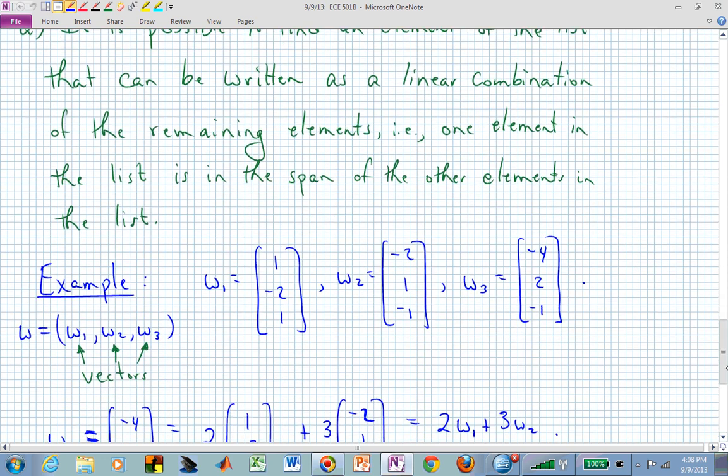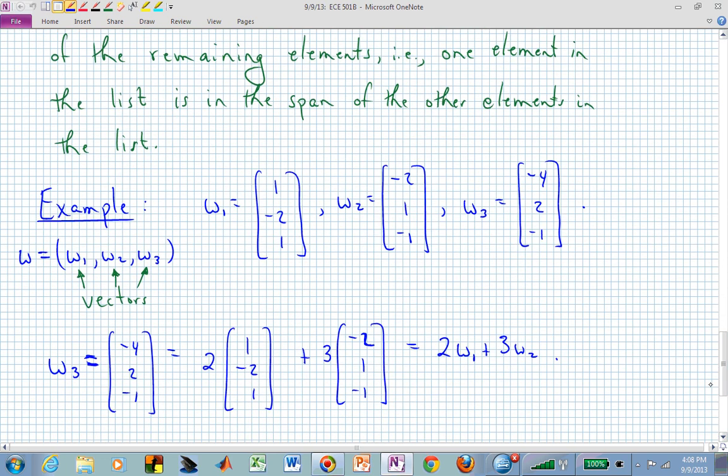For example, suppose we were again dealing with vectors in R3 that have their coordinates belonging to the field of real numbers, R. Then you could look at this set W consisting of 3 vectors, W1, W2, W3. Those 3 vectors are linearly dependent because you can take 2 of omega 1 and 3 of omega 2, and that combines to form omega sub 3.